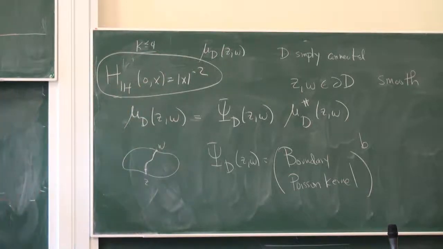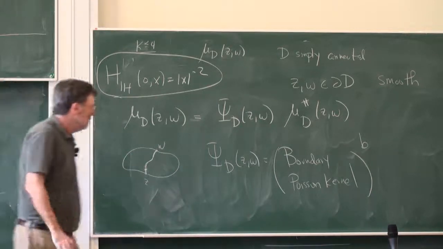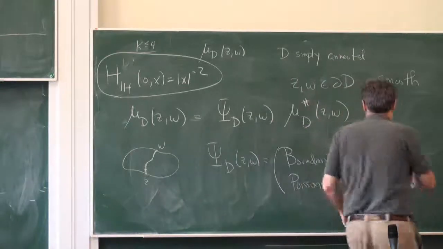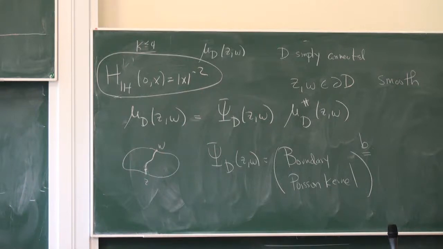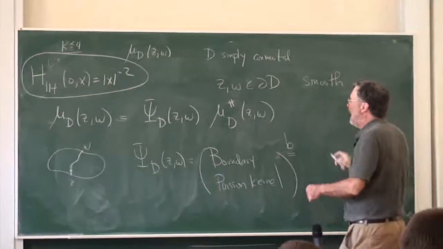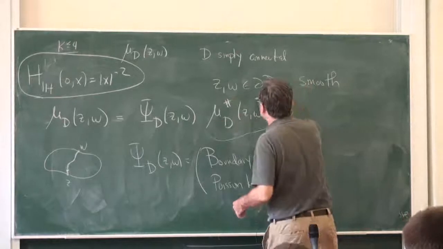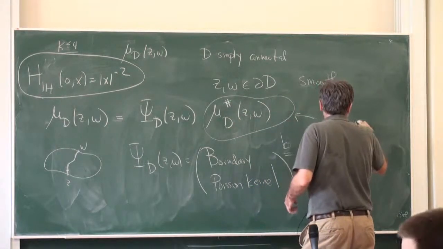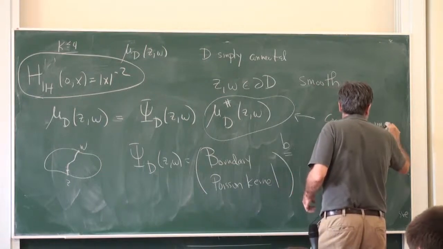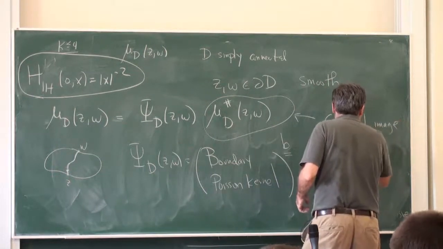In the upper half plane, it's 1 over x squared. And then it just maps by conformal covariance. But this factor b comes in, this boundary scaling exponent. And then this is the conformal image of Schramm's SLE.